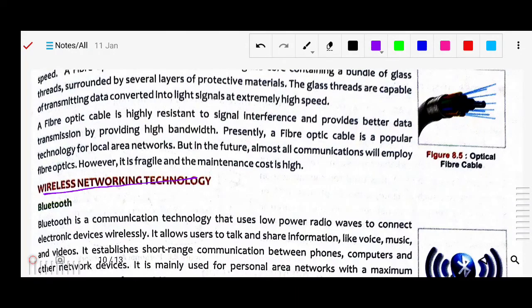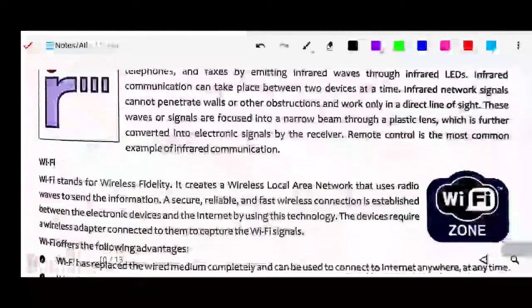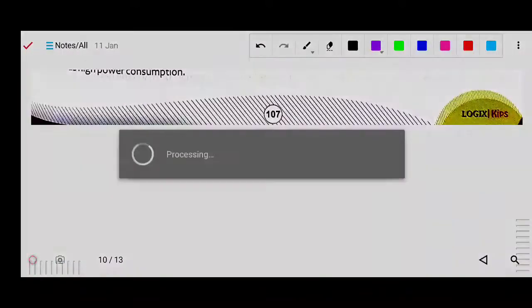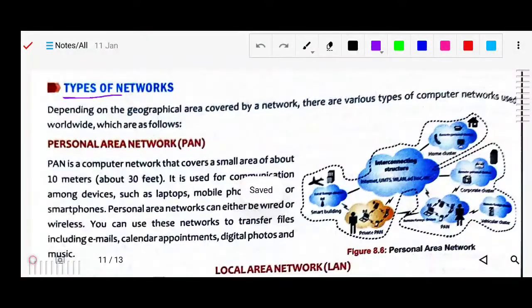Now today we will see the next part, which is types of networks. In the types of networks, as I told, depending on the geographical area covered by the network, there are various types of networks followed worldwide.